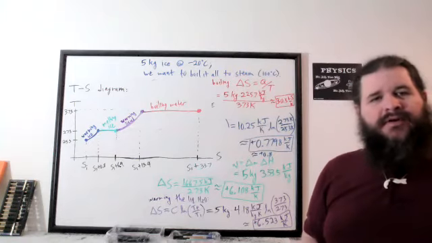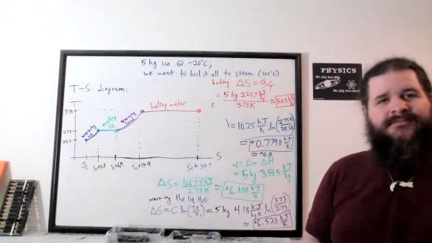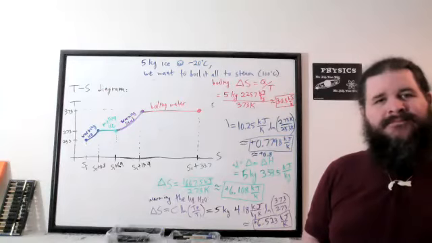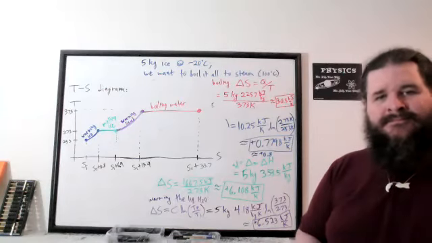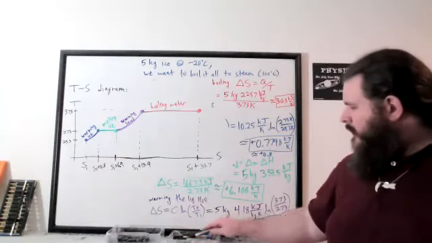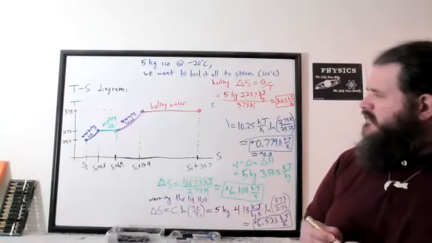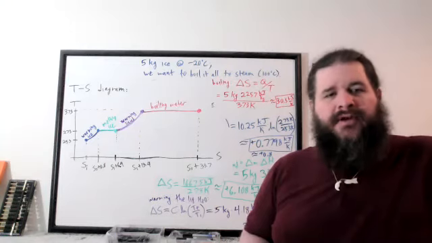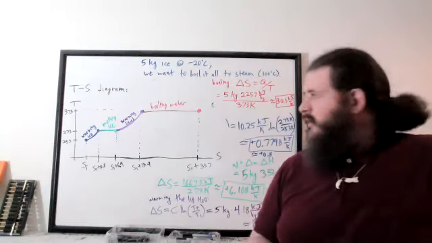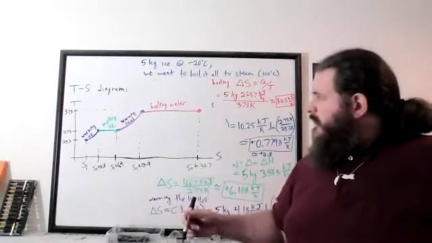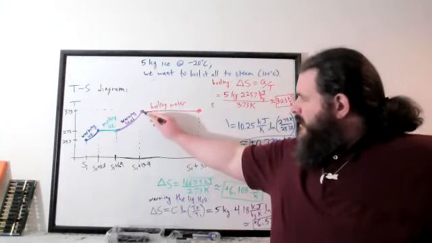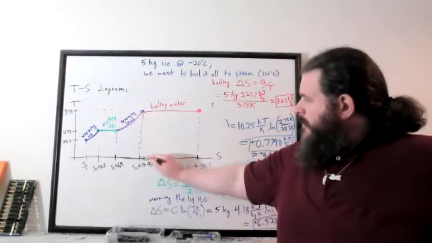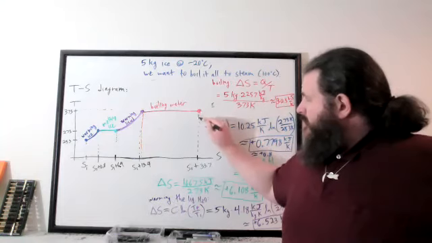Any questions on that so far? And also, if we take a look at the area under the graph here, because for the pressure volume graph, area under the curve was pretty important. For the temperature entropy graph, let's focus on just this rectangular portion, because rectangles are going to be easier for area.